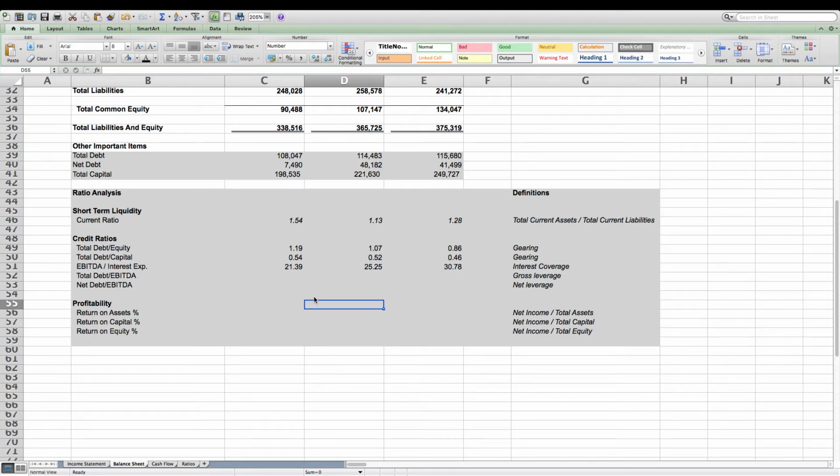So the next ratio we're going to look at is the total debt to EBITDA, also called the gross leverage ratio. This is a very important ratio that the financial community looks at, and in effect what it tells us is if you take the ratio of the total amount of debt on a company's capital structure and divide that by its earnings, it gives us a sense of how comfortably placed a company is.